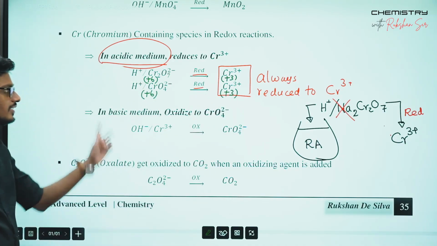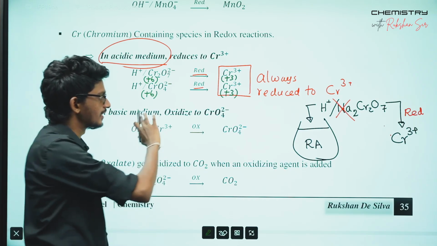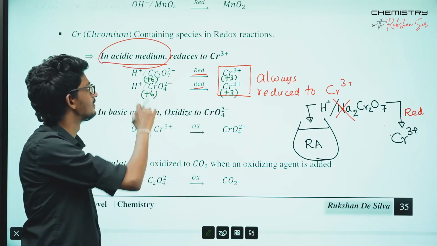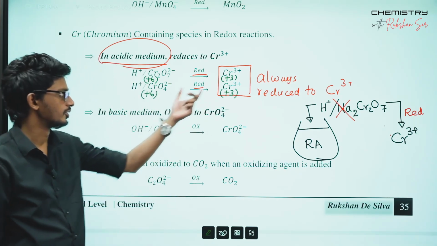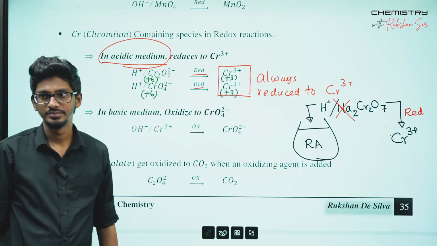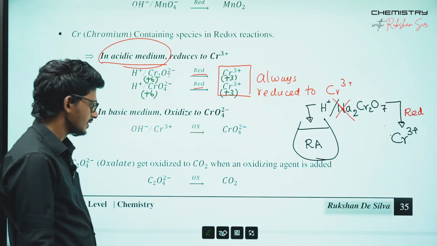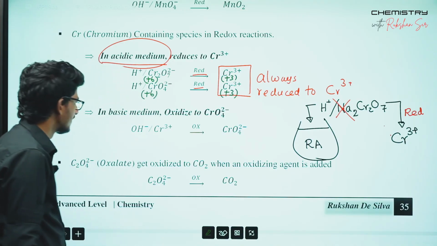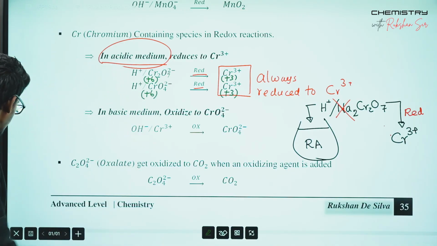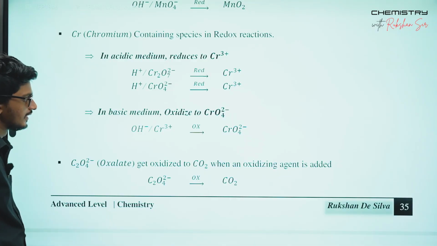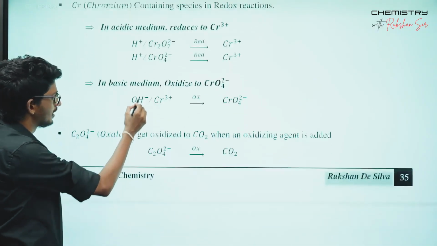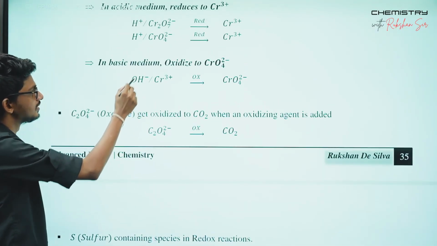So reduction reactions are happening with the chromium containing species in acidic medium, always towards Cr3+. The idea is clear. Let's discuss the chromium containing species in basic medium.